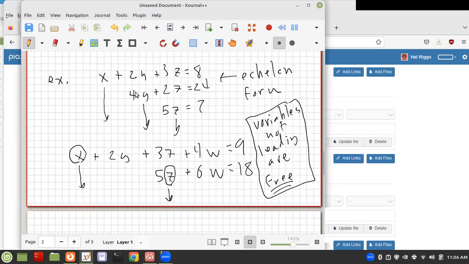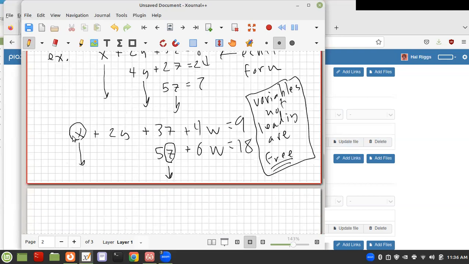Here, X, Y, and Z are leading, all the variables are leading. But here, X is leading, Z is leading, but Y and W are free. So a system can have any number: all the variables can be free, all the variables can be leading, or some free.